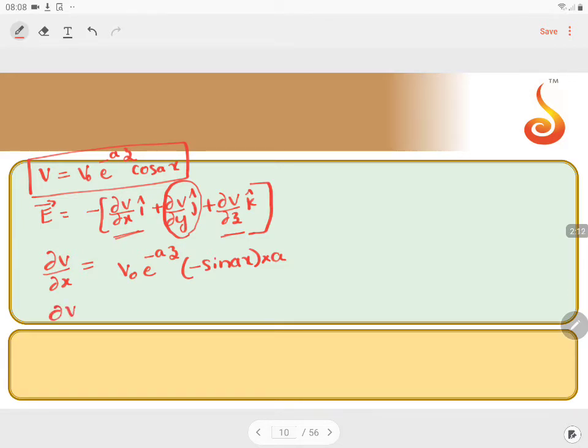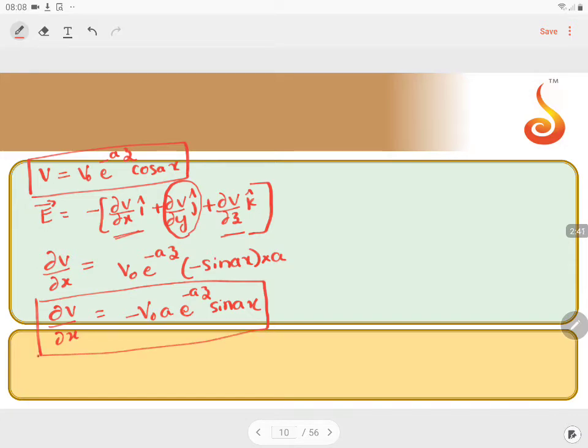So dou V by dou x will become minus V naught A e to the power of minus Az into sin Ax. So this is dou V by dou x.